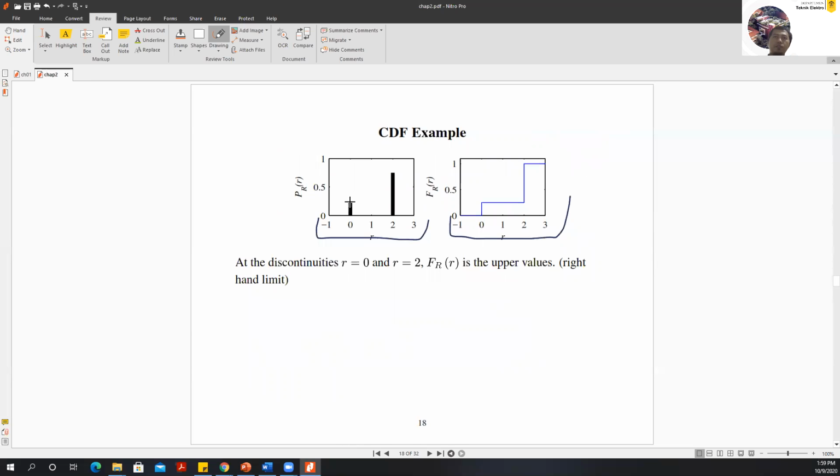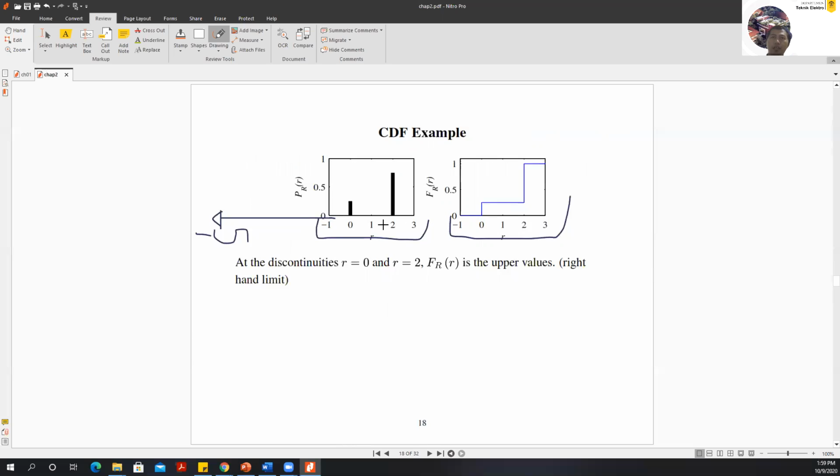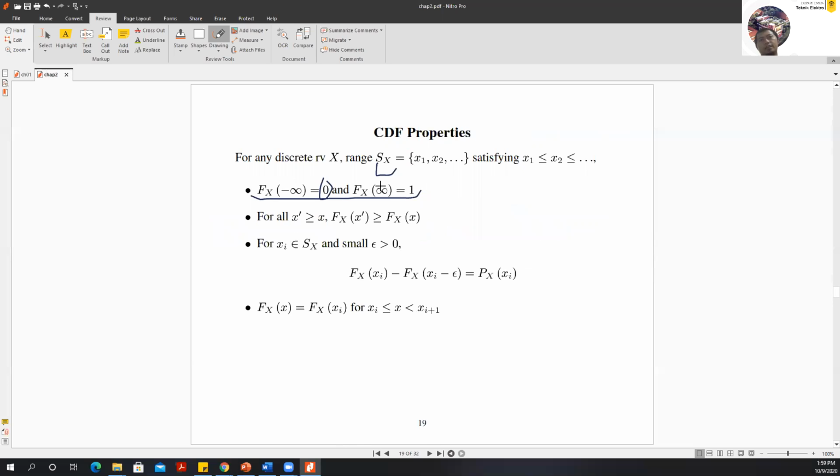You can see it easily from this: as we go to minus infinity, the CDF becomes small, very small, and becomes 0. And as x becomes positive infinity, it is saturated at 1.